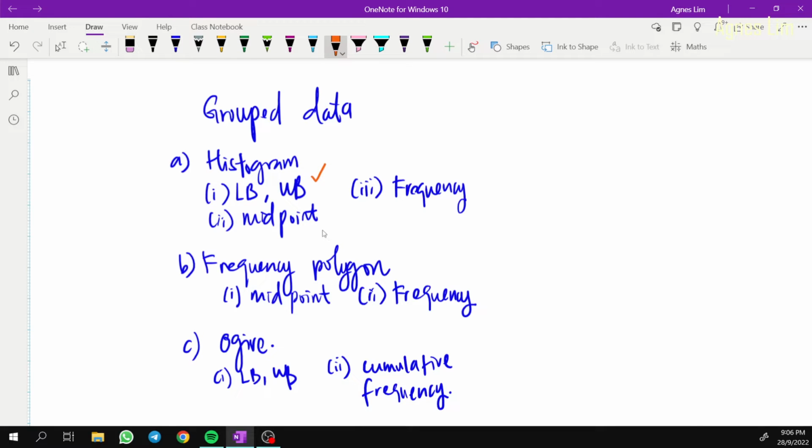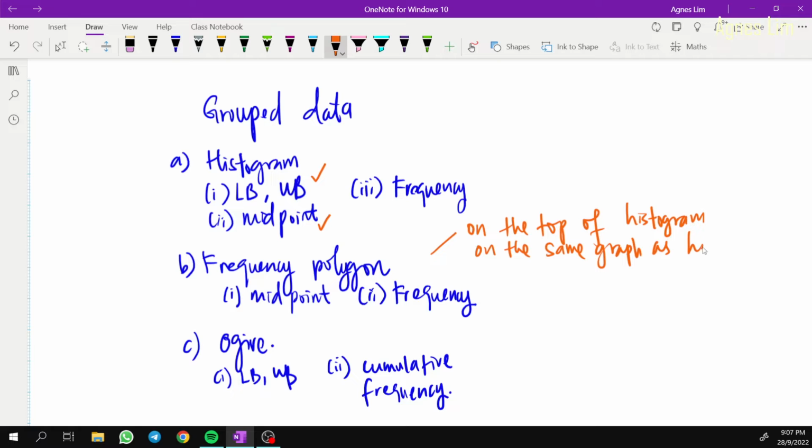The other histogram we are going to use midpoint, and then we are going to look at how to draw frequency polygon, whereby when the question says on the top of histogram, or maybe they say on the same graph as histogram, something along that line.